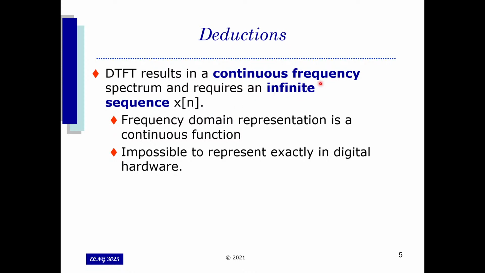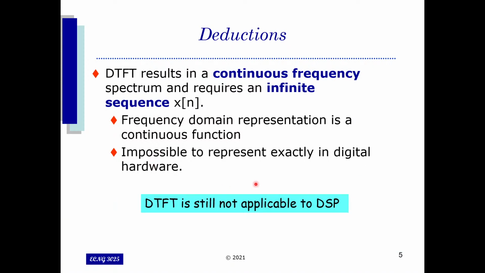So because of this continuous frequency spectrum, it also becomes impossible to represent this continuous frequency spectrum in digital hardware, because digital hardware is basically discretized forms. And that means the DTFT here is still not applicable to what we're trying to do here in DSP, because once we go into the digital realm, it's no longer a continuous signal that we're dealing with.